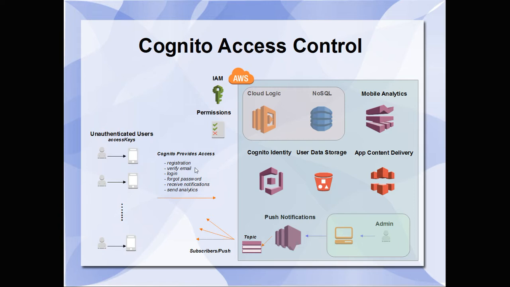But bottom line is, when the user registers, they're registering through the Cognito. So the anonymous user can do several things. They could register, they could verify email, they could log in, they have a forgot password. They could receive notifications, and they could send analytics.